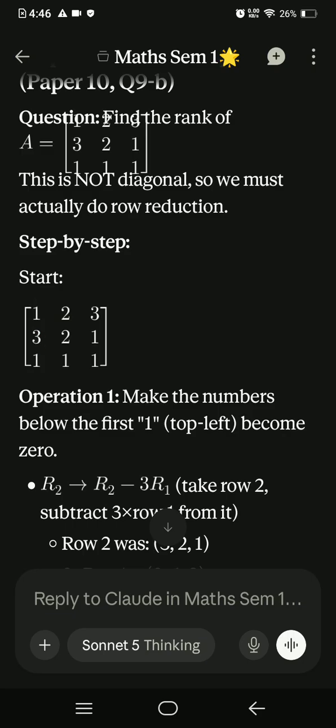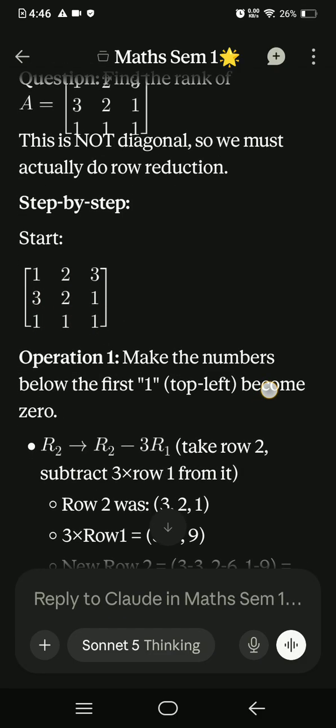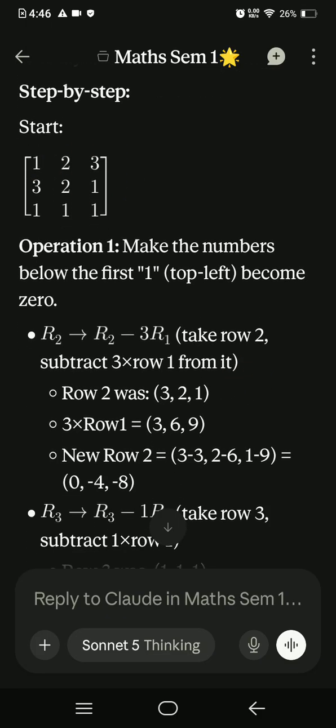So our first target is to make this 0. For that we can subtract 3 times row 1 from row 2. So R2 will turn into R2 minus 3 times R1.